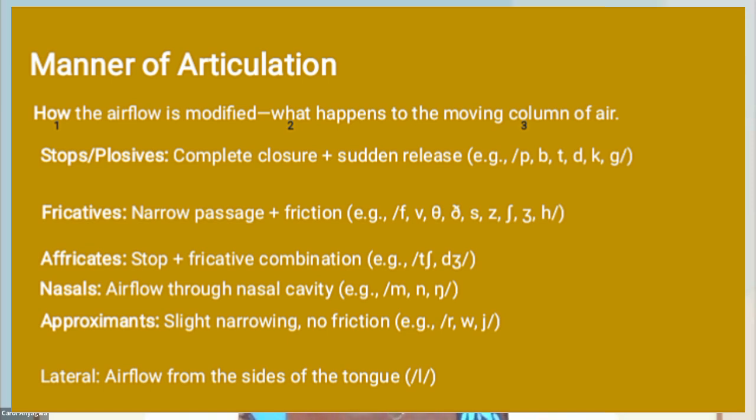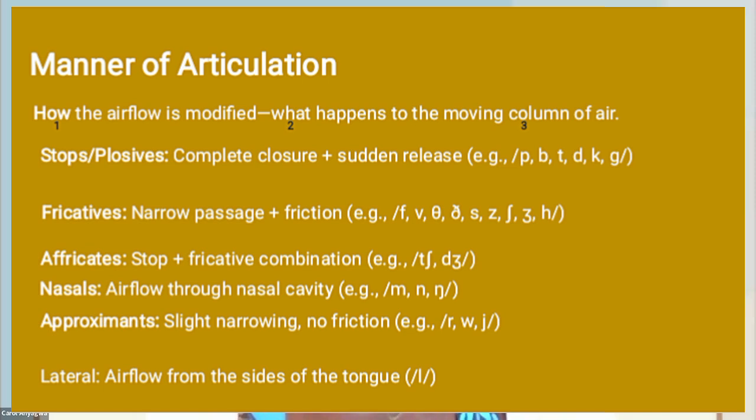The stops are produced first with complete closure when the articulators come close together, preventing air from either going in or coming out. And then air builds up behind the closure, and finally you have the articulators suddenly parting ways to release this airflow.